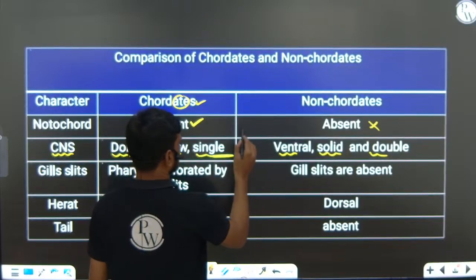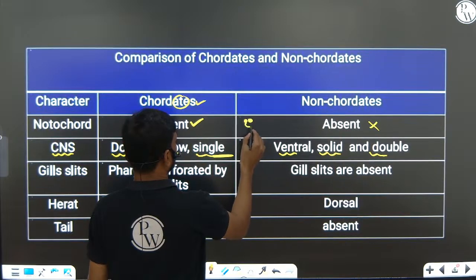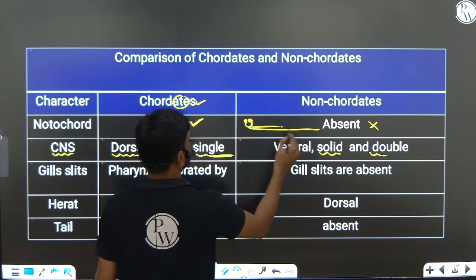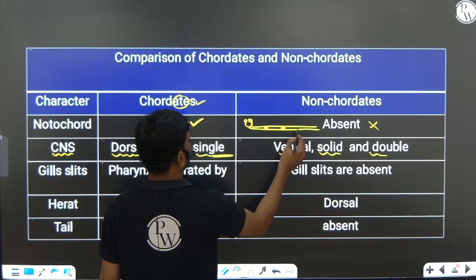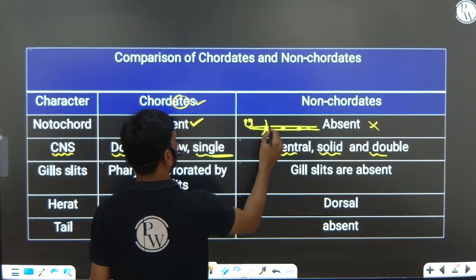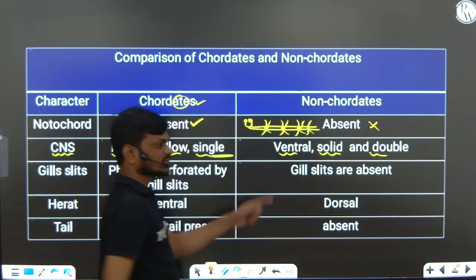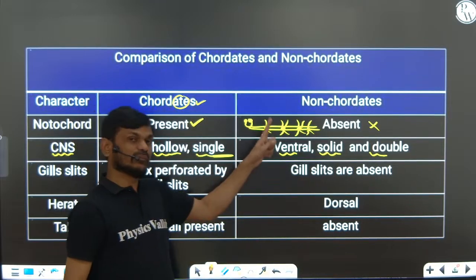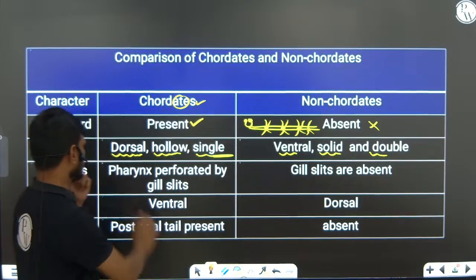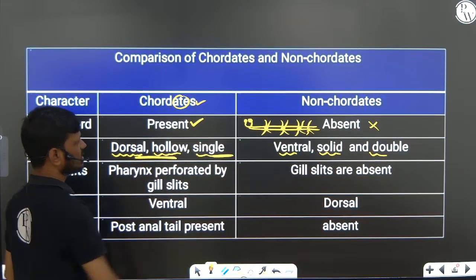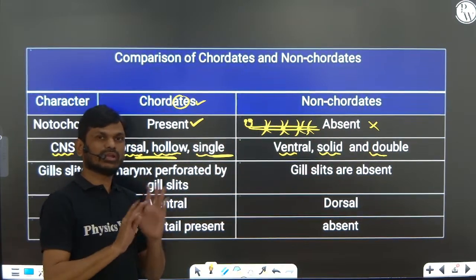The double ventral nerve cord we already studied in cockroach, a double ventral nerve cord with ganglia. In chordates it is single, dorsal and hollow, without any ganglia.